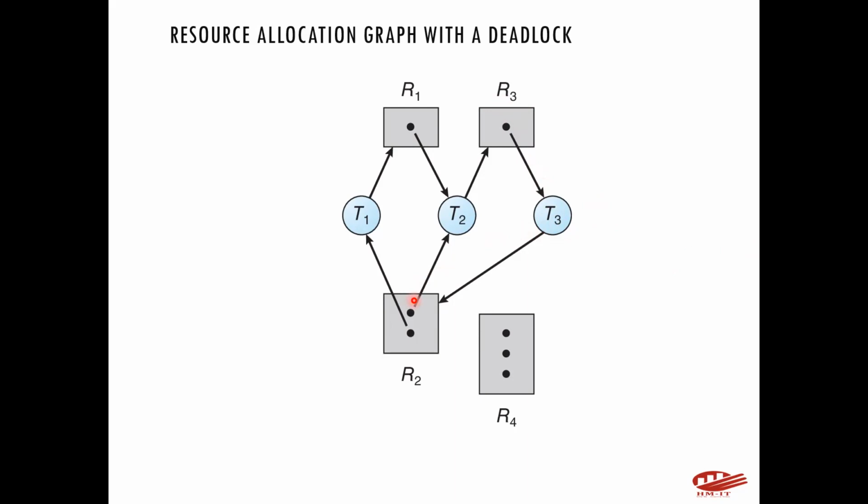Now, can you please read out T2? What scenario is there? You can read out this resource allocation. T2, thread 2. R2 assigned resources to, R1 assigned resources to, T2 requests resource R3.